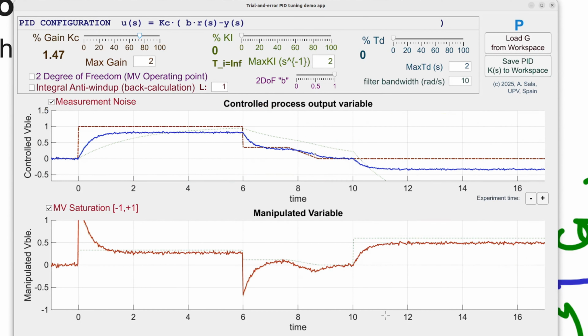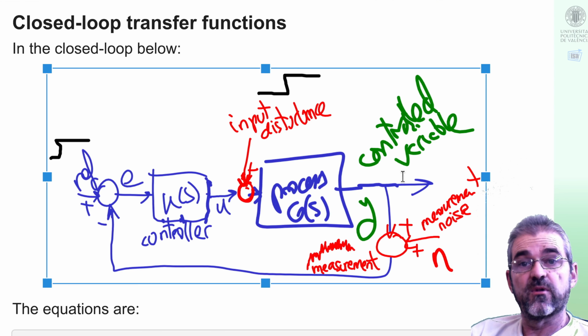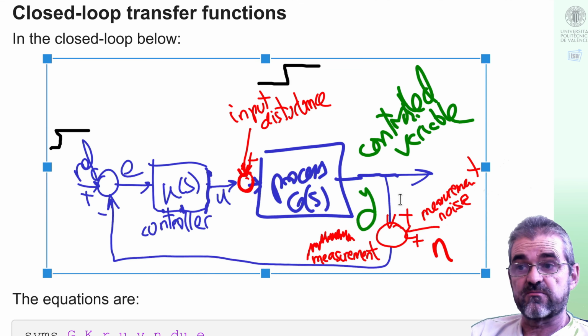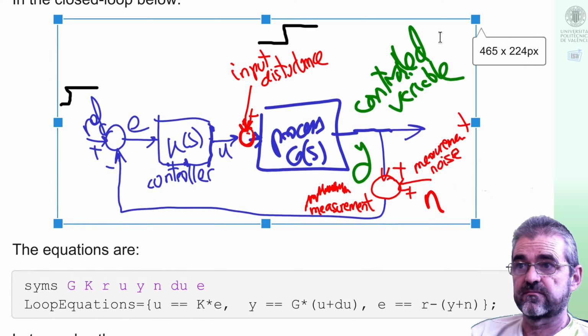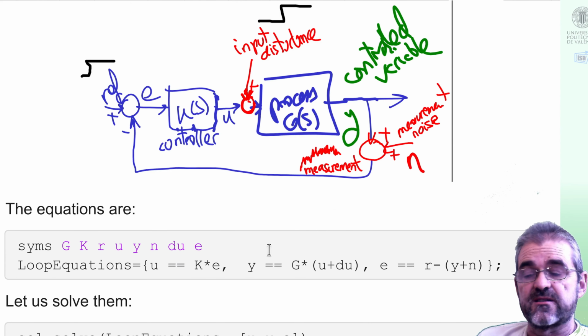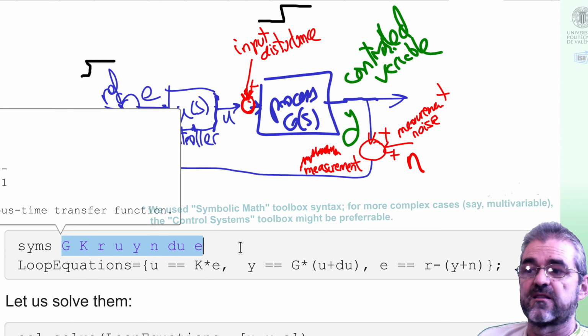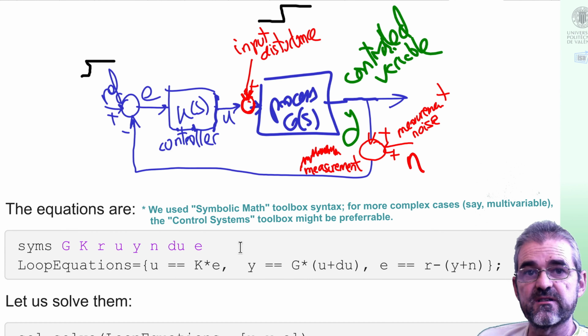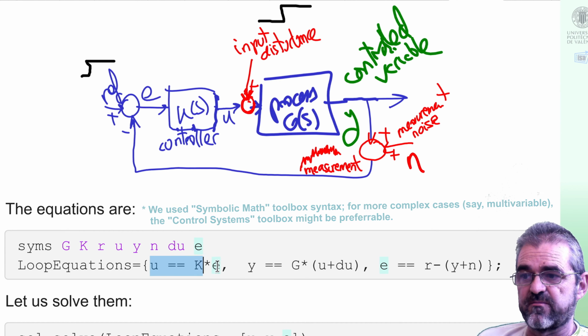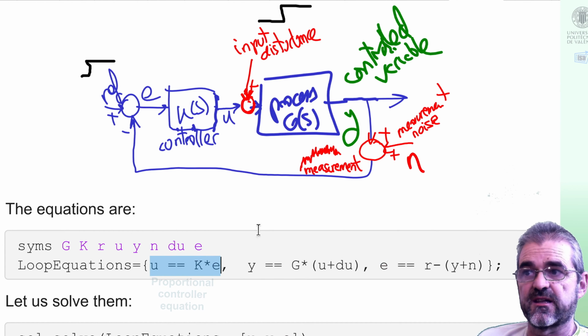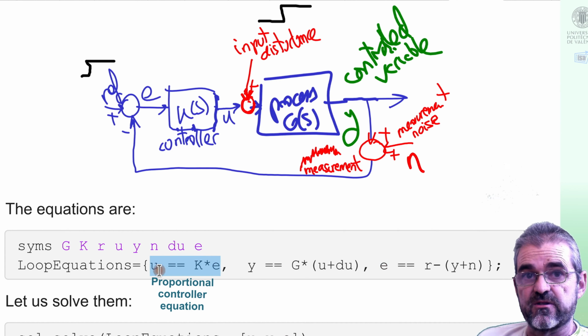But let's go back to our block diagram and write it in the form of algebraic equations, which are the ones you see here. These are the letters we will be using in our symbolic expressions. My first equation says that the control action U is K times E, E being the loop error.